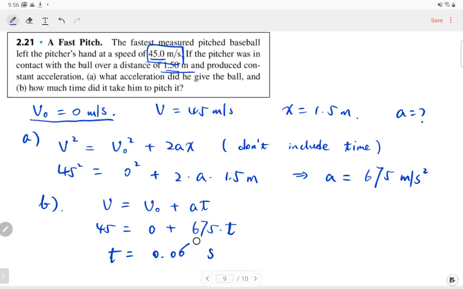So if we keep 3, it will be 0.0667. Actually, it doesn't matter. I don't take credit off if you have 2 or 4 significant figures. But this is very important when you do an experiment. In an experiment, you have to make every parameter uniform. But for the recitation, I don't mind. Do you have any question?